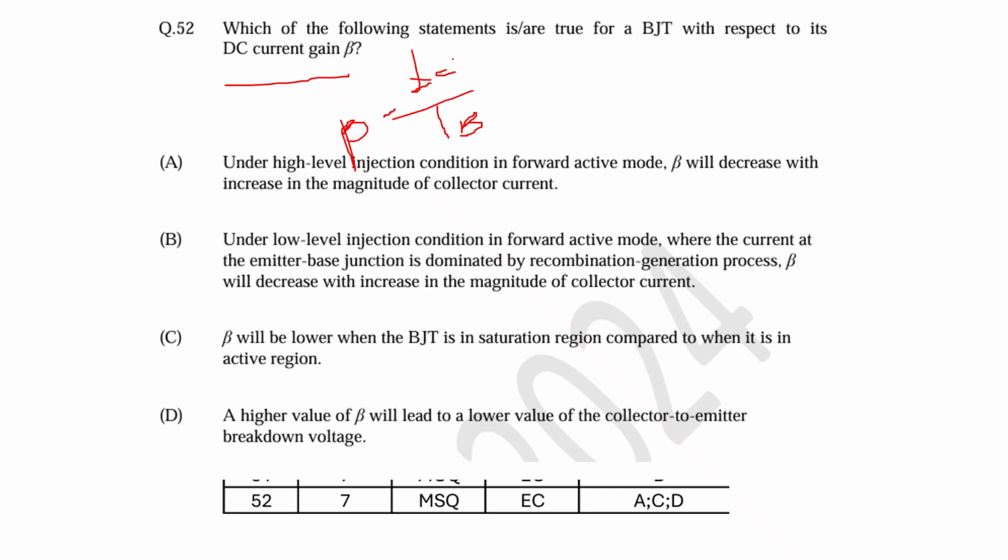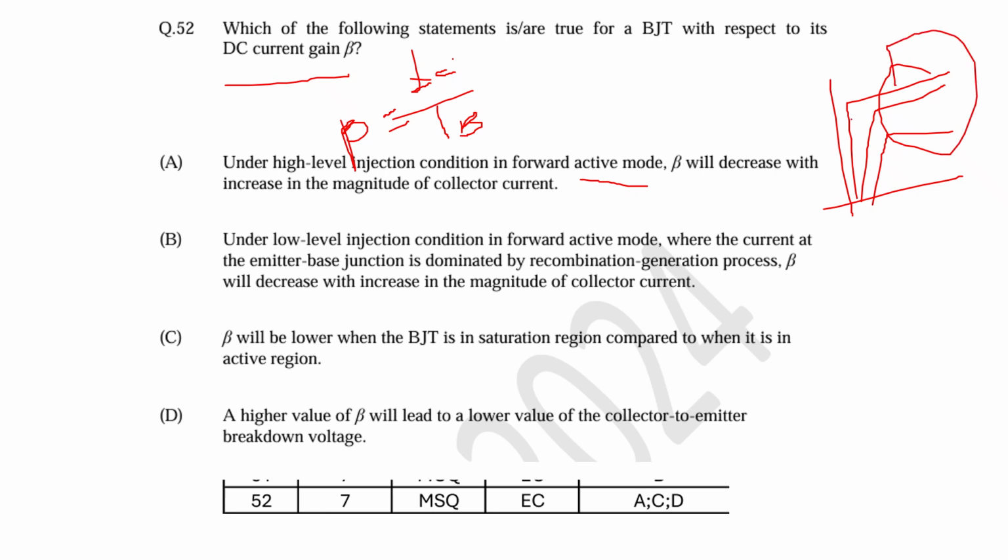So how can we solve? Let's see the statements. Statement 1: under high level injection condition in forward active region, there are two regions, what are they? Saturation and the active region. So this is your active region and here is the saturation region, linearly increasing, right?